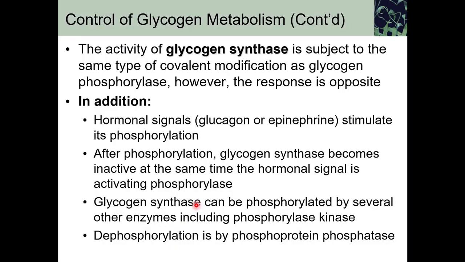Now, we've talked about the activity of the glycogen phosphorylase. The activity of glycogen synthase is subject to the same type of covalent modification as glycogen phosphorylase. However, the response is opposite, which again makes sense. You cannot activate glycogenolysis and activate glycogen synthesis at the same time.